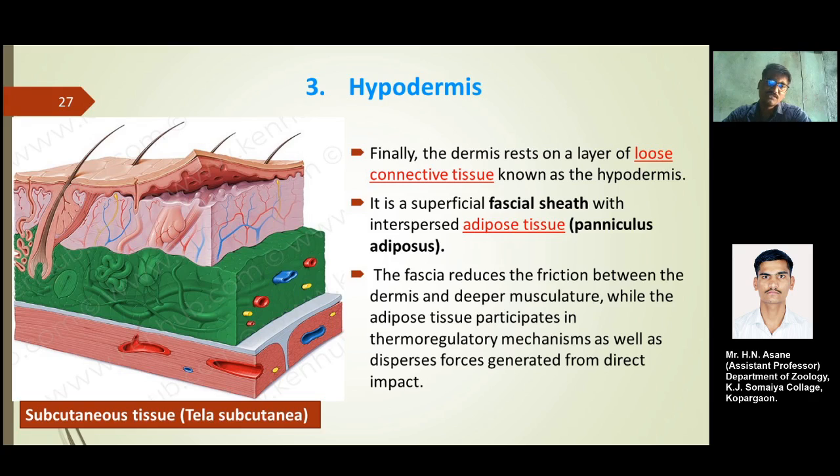So this is the main part, with the adipose tissue providing a sheath material, and that fascial sheath reduces the friction and provides extra stability to the skin. As you can see, it participates in the thermoregulatory mechanism. Thermoregulation is nothing but the control of temperature. As the surrounding temperature increases, our body secretes sweat by means of sweat glands.